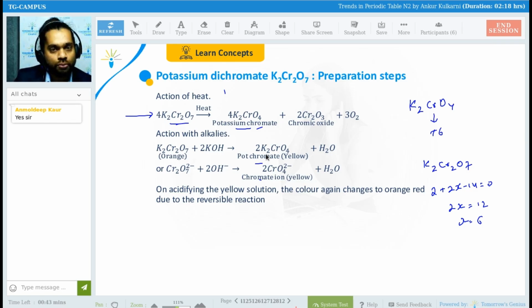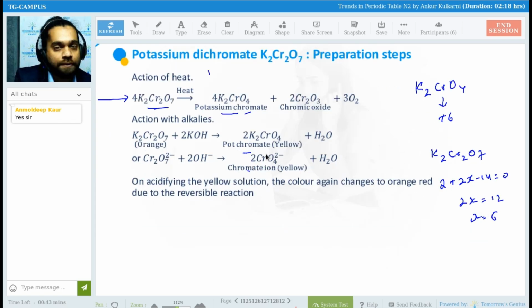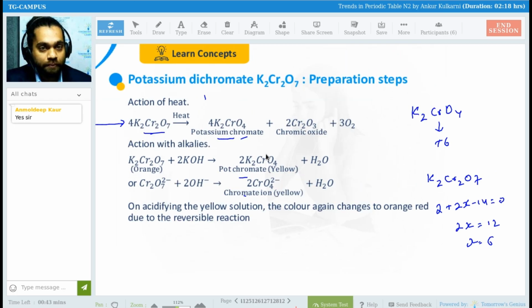Oxygen is minus 2, so seven oxygens give minus 14. I had forgotten O7 earlier. No issues. So it is plus 6 and plus 6. Remember, with the help of oxidation state, it will be easy.